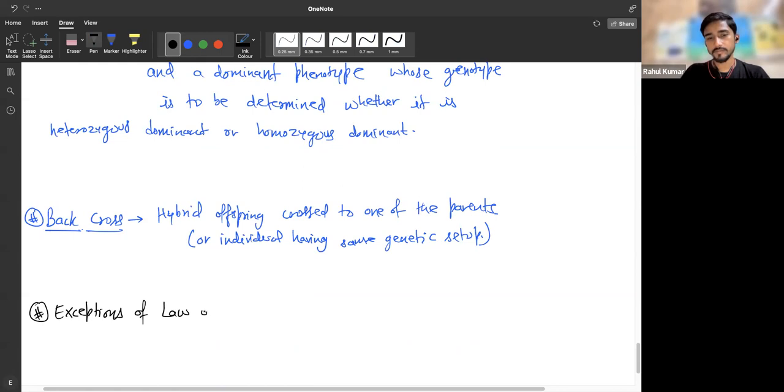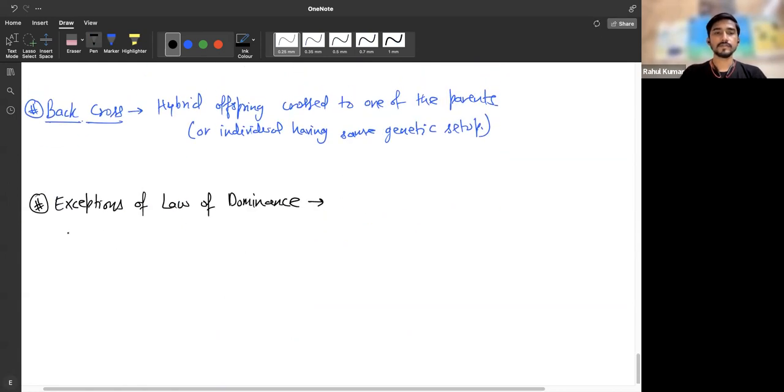Write down: law of dominance is not a universally accepted law, which means it has exceptions in biology. Mendel did not know about it.